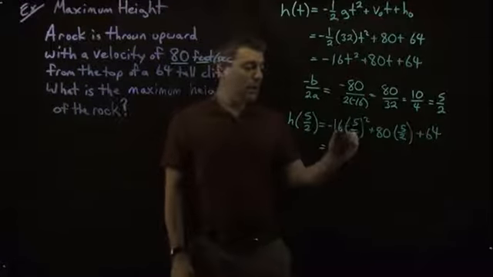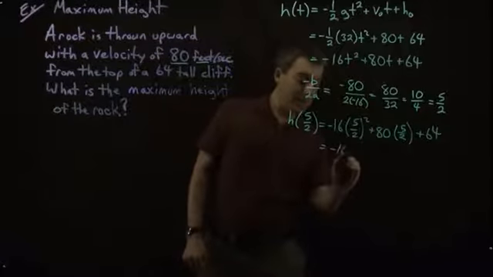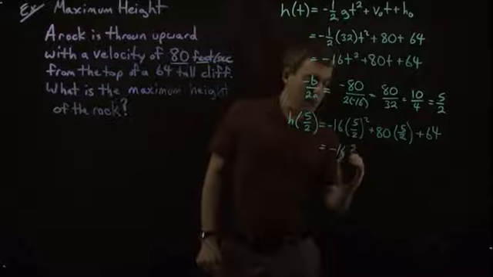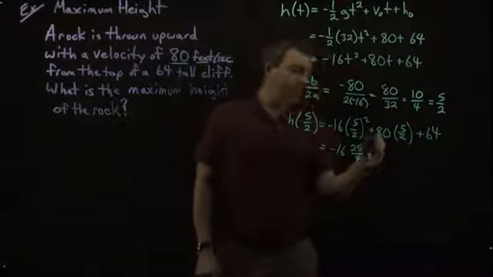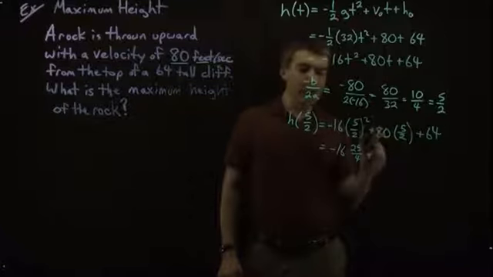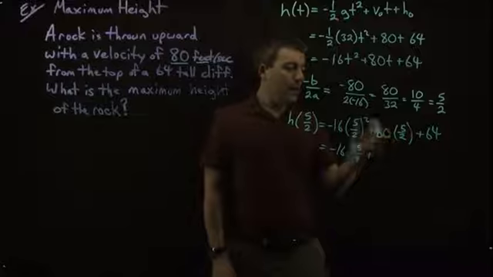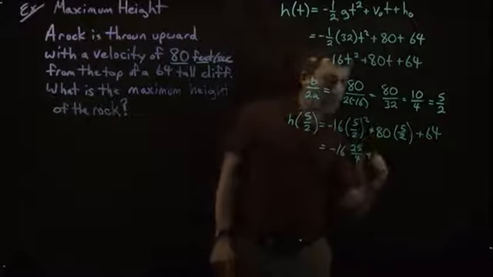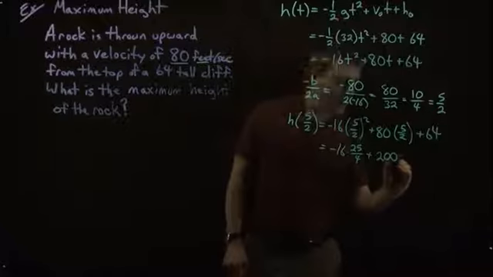Okay, so we have 5 halves squared, so negative 16 times 25 over 4, plus 5 halves times 80. We can take the 80 and divide by 2 and get 40, times 5 is 200, plus 64.